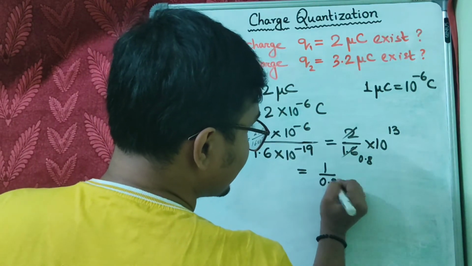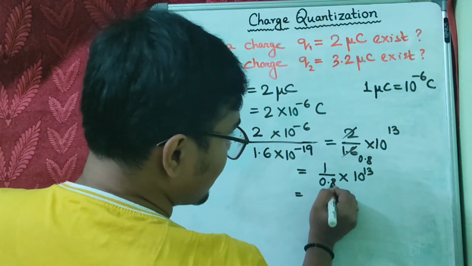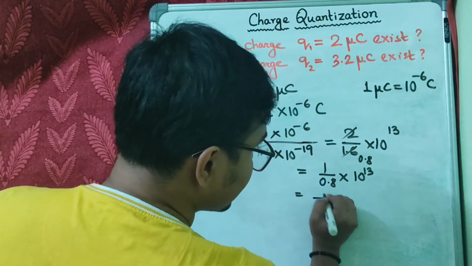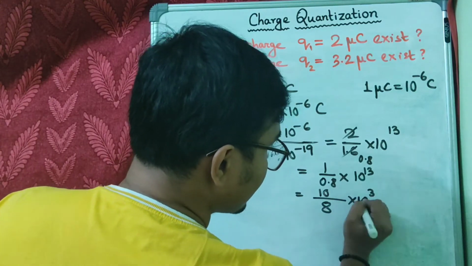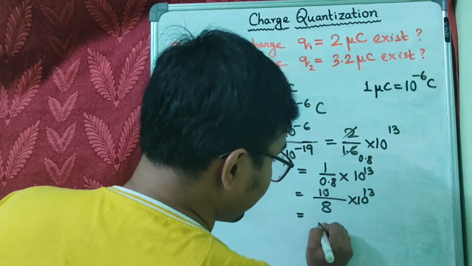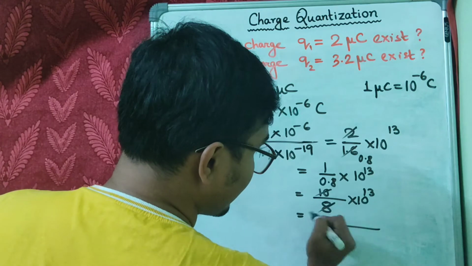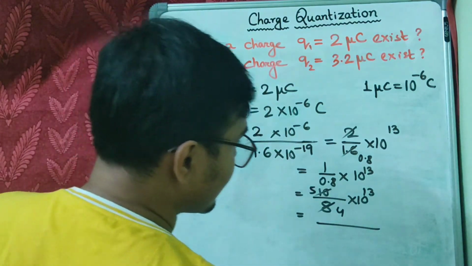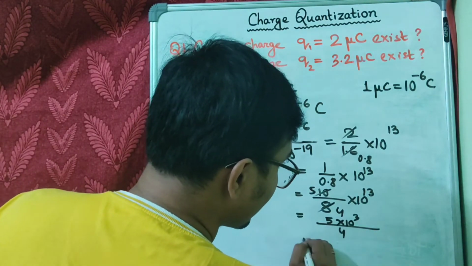From here we get 1 by 0.8 into 10 to the power 13, and if we take 8 upon 10 into 10 to the power 13, that is equal to 5 by 4, so we get 5 into 10 to the power 13 by 4.